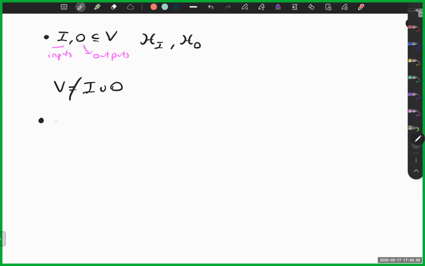So lastly, we have a finite sequence of commands that we denote with An to A1.